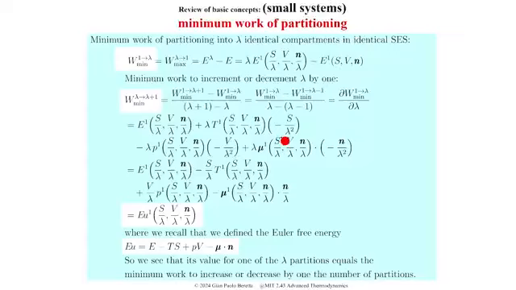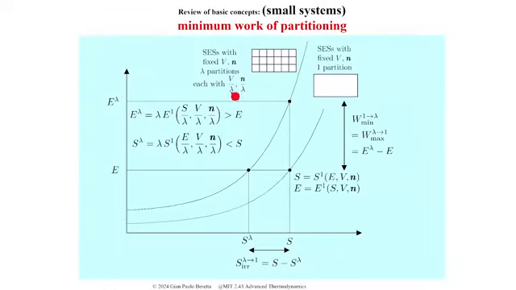Of course, the mathematics of the same idea is that you can compute the work to introduce those lambda partitions, which is the minimum work to go from 1 to lambda. It's the maximum you can extract if you go from lambda to 1. And it is the difference between the energy here, which is E lambda, which is lambda times the energy of each of the partitions. So it's E1.